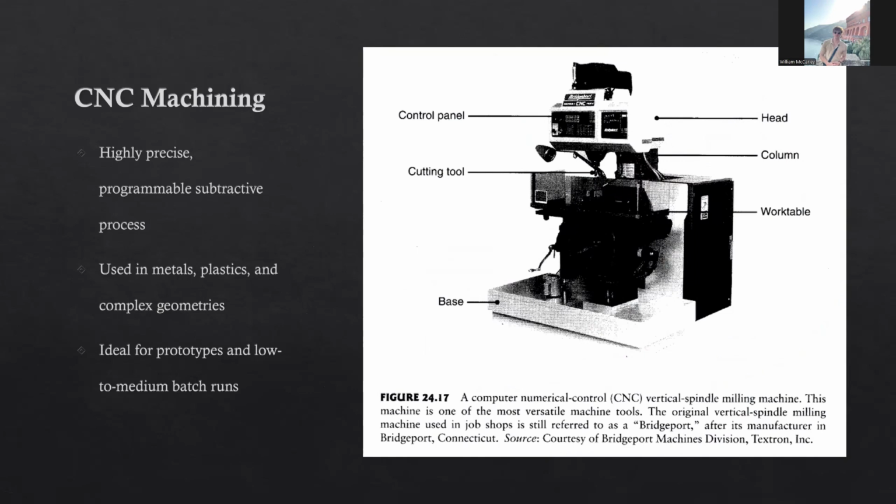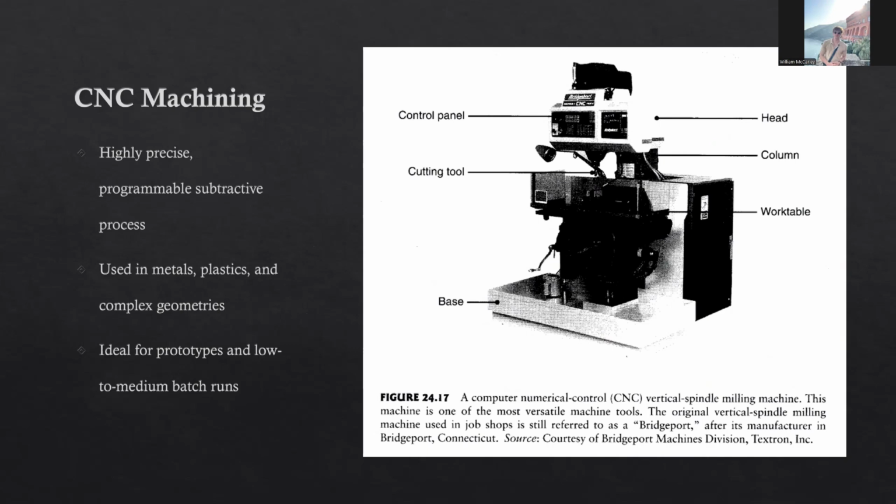On here to the right is a snippet from a textbook from Bridgeport Machines Division, but it's really, really old, simple, basic CNC machine, and they've been iterated upon, and now they're just so amazing what they can do. It's similar to a 3D printer, but instead it's using a crazy powerful drill to deliver very, very precise cuts to metals.